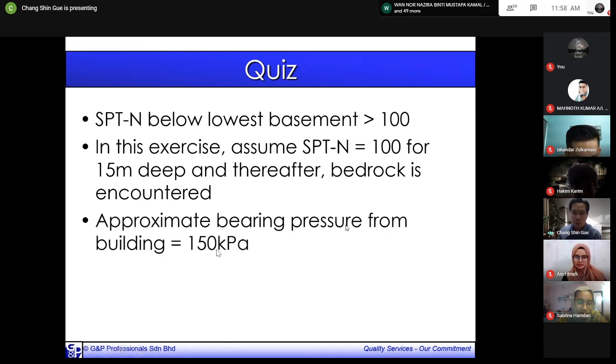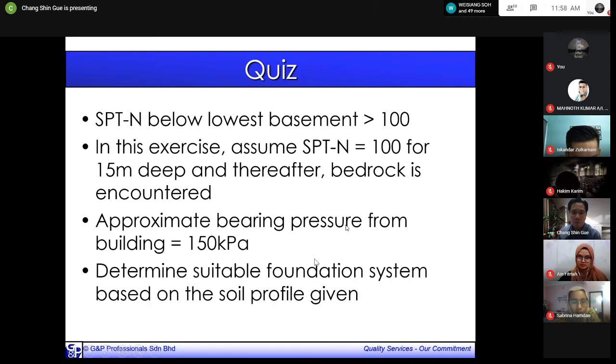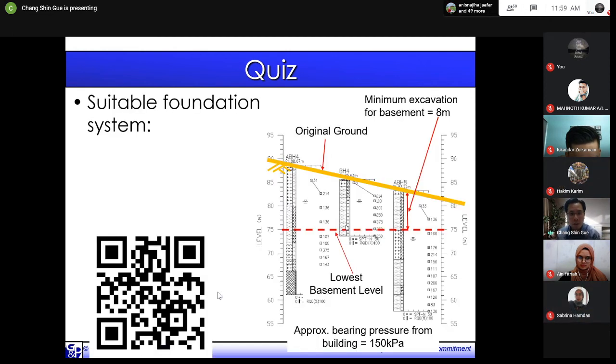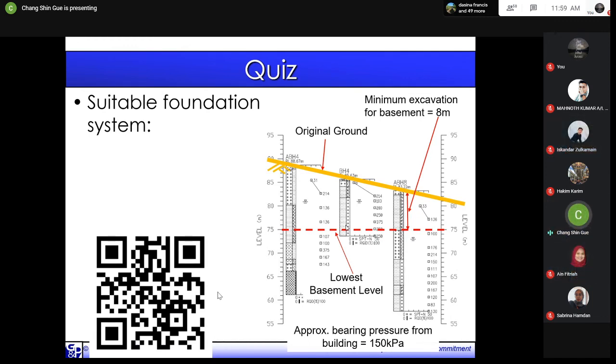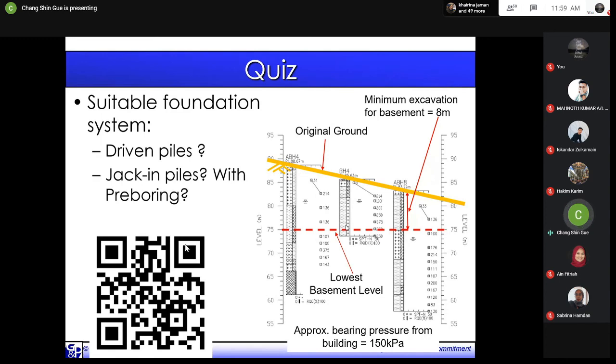So the approximate bearing pressure from the building is 150 kPa. You're asked to determine a suitable foundation system based on the soil profile given. This is just to show you the soil profile again. You can scan the QR code to go into the questions. For the answers, should you use driven piles, Franki piles with pre-boring, or bored piles?